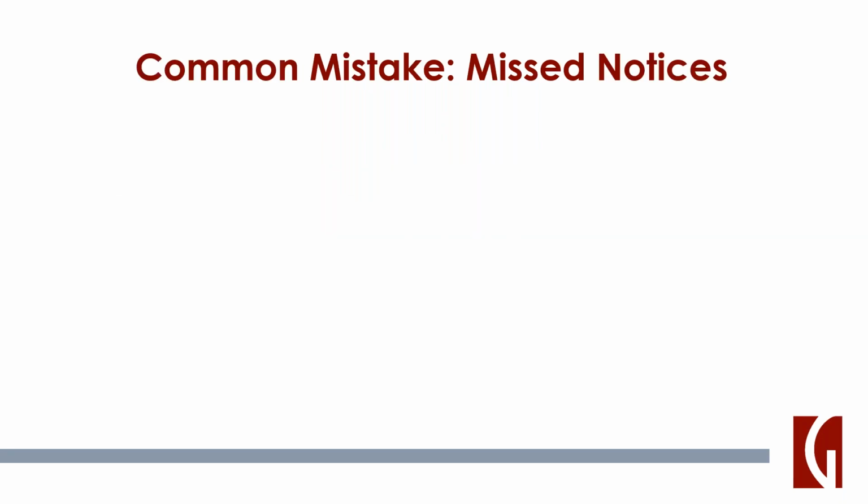So, like I've mentioned earlier, this is one of the issues that we often see that results in violations, and that's not complying with some of the notice requirements under the FMLA.